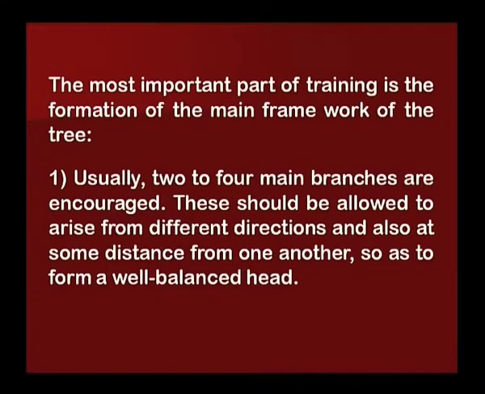The most important part of training is the formation of the main framework of the tree. Usually, 2 to 4 main branches are encouraged. These should be allowed to arise from different directions and also at some distance from one another, so as to form a well-balanced head.